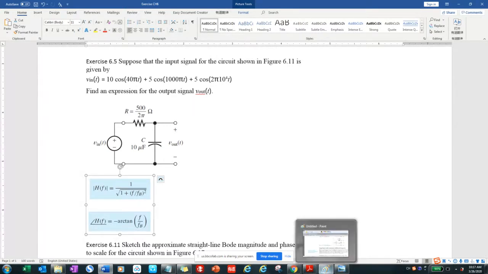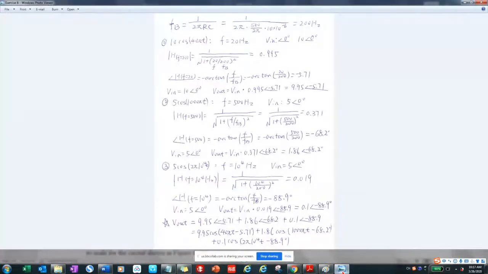I shared the file, the solution for exercise 6.5. Don't know if you guys can see that. So first, we will identify the break frequency, fB equal to 1 over 2 pi RC. We plug in the resistance and the capacitance so that we know the break frequency will be 200.